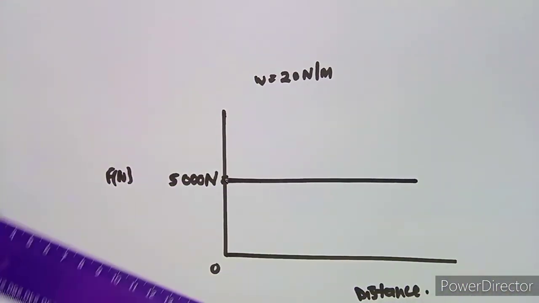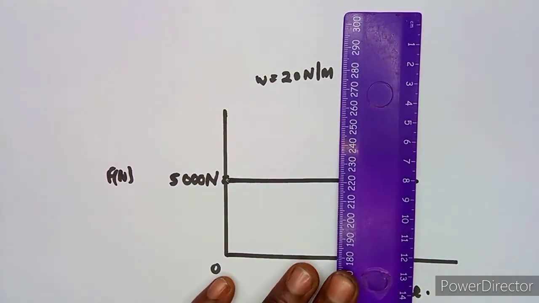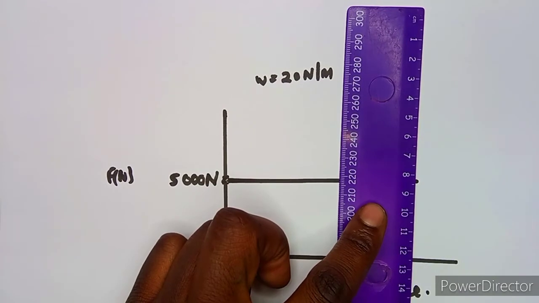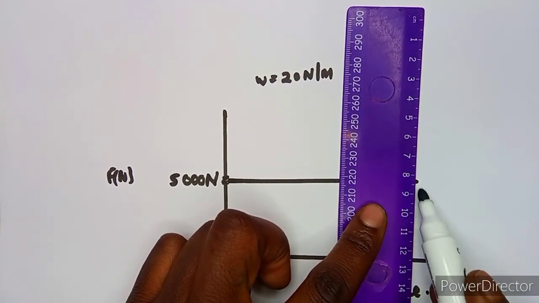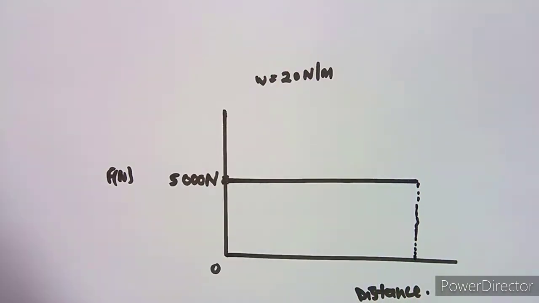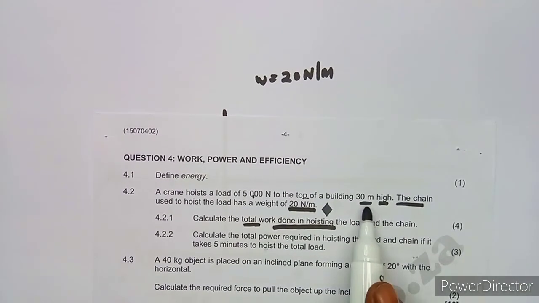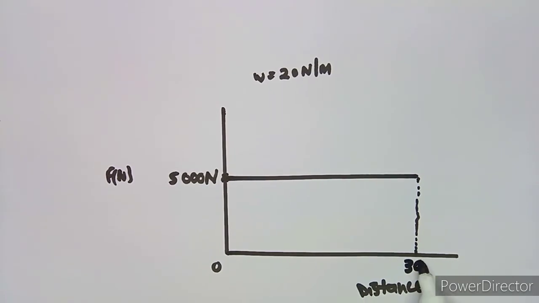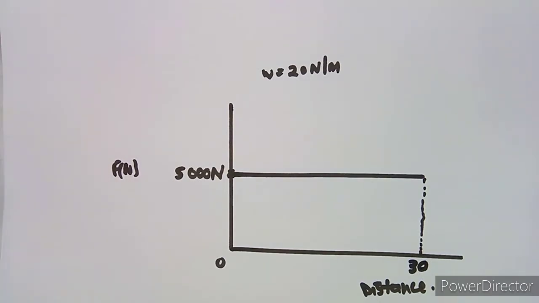Here I'm just going to put dotted lines to indicate my distance. So the distance is this one, 30 meters high. So this is my 30 here. At least having a sketch can help you guys to answer this question in an easier way.